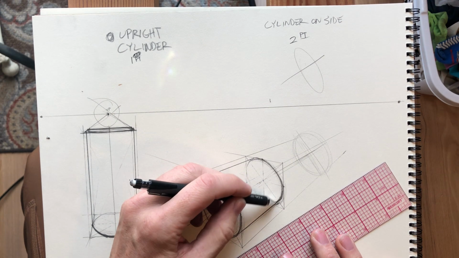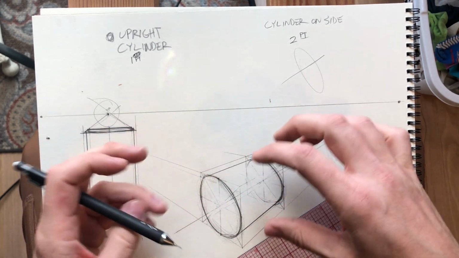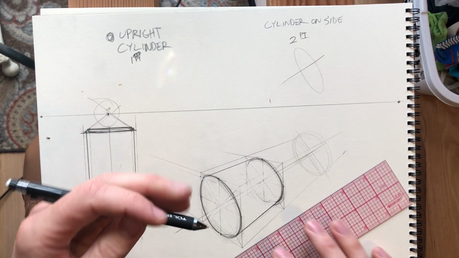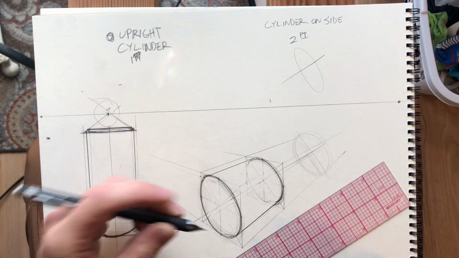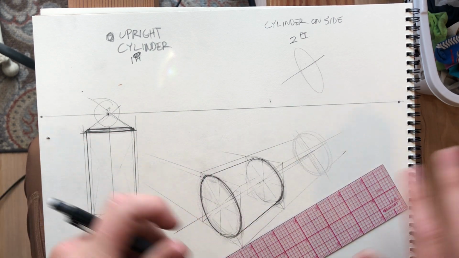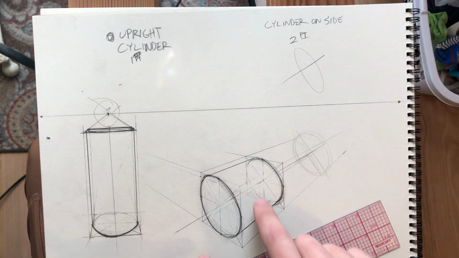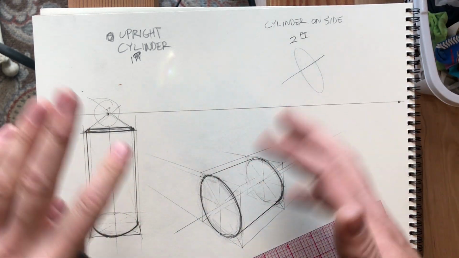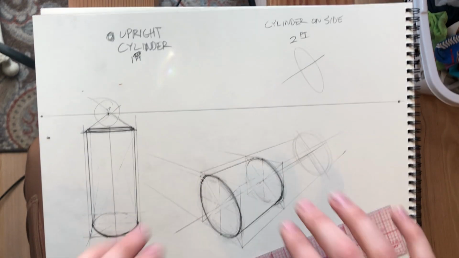I like to see in the drawings this sort of dissection and buildup and deconstruction of what you are drawing. Every drawing doesn't have to be pristine and perfect. We can get there later, and if that's your aim, you can definitely get there as part of the process. But for us and for our drawings, I like to see the way you constructed this thing. Okay, so that's a cylinder on its side.